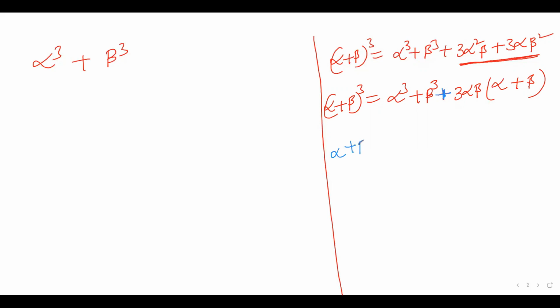Alpha plus beta whole cube minus 3 alpha beta into alpha plus beta is equal to alpha cube plus beta cube.